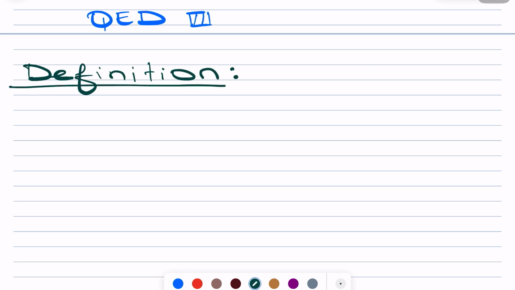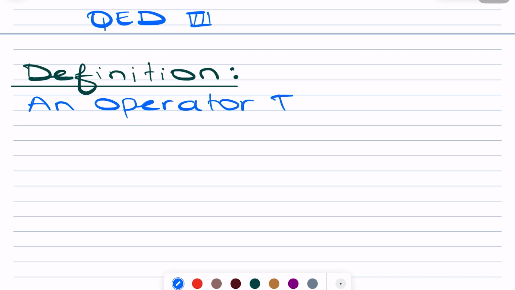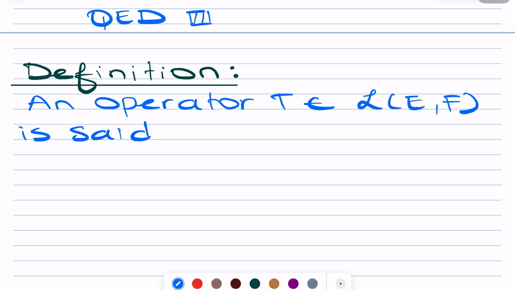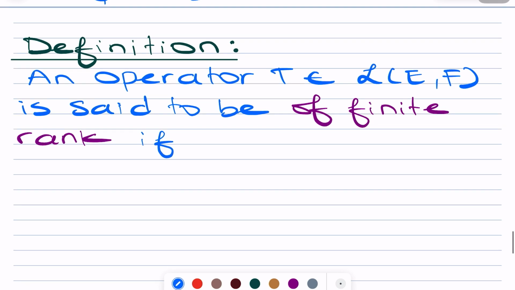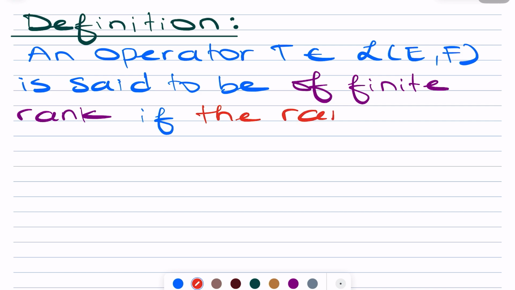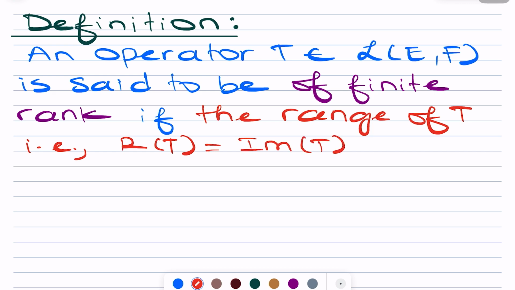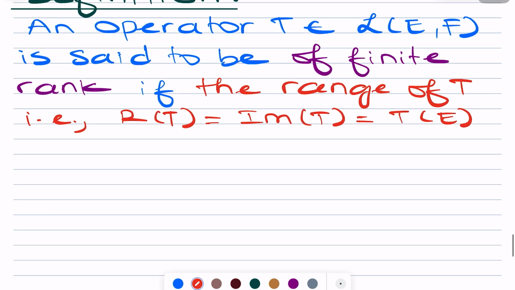Definition: an operator T, I mean a linear bounded operator, belonging to the space of linear bounded operators, is said to be of finite rank if the range of T, which we denote R(T), similar to the image of T, nothing less than T(E), is finite dimensional.